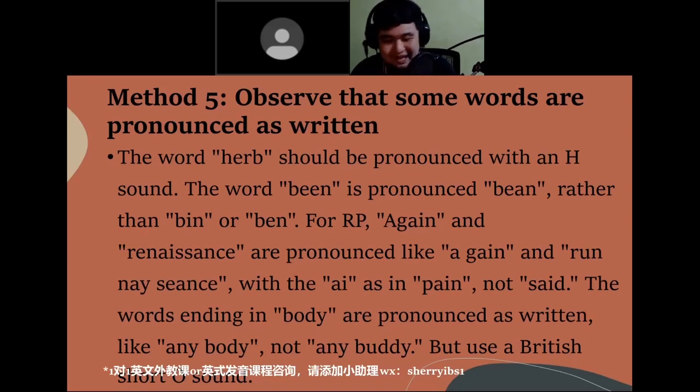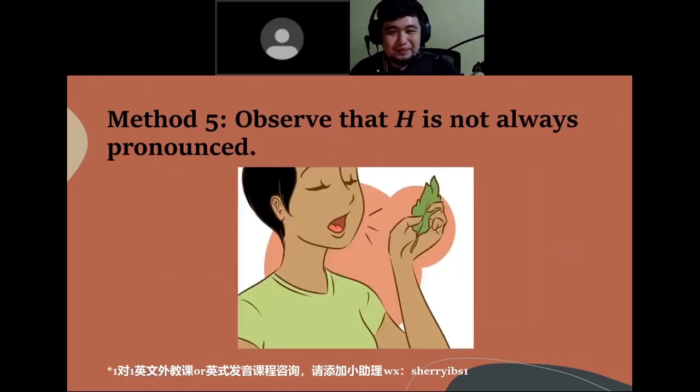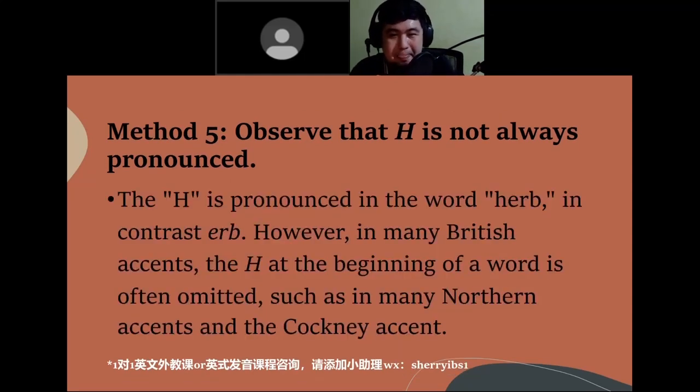Okay, so method 5, observe the H is not always pronounced. Here comes the rule. Observe that H is not always pronounced. The H is pronounced in the word herb.